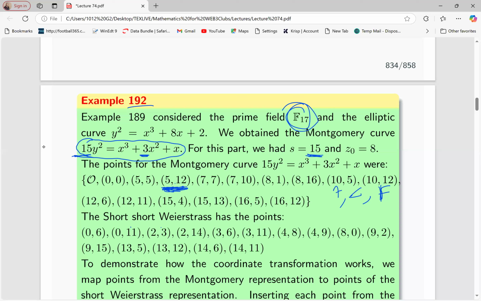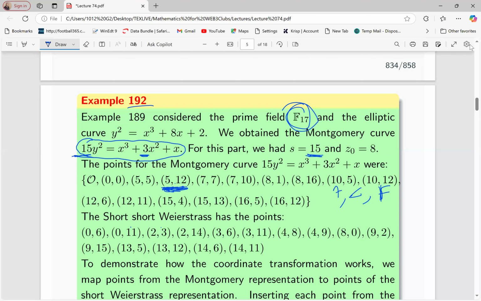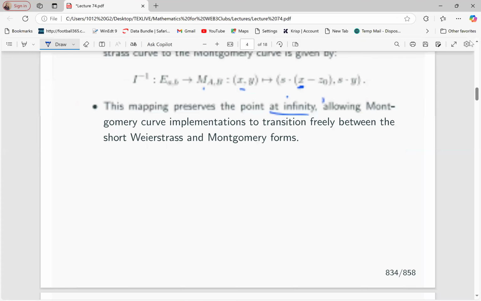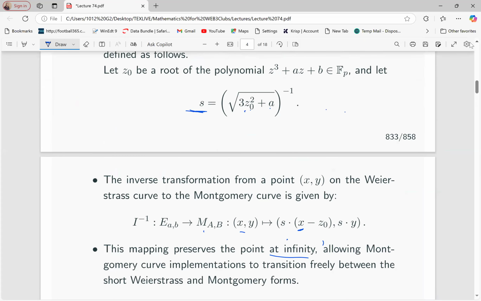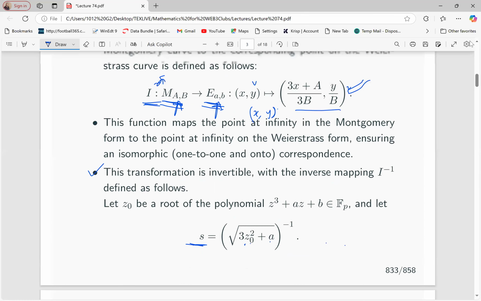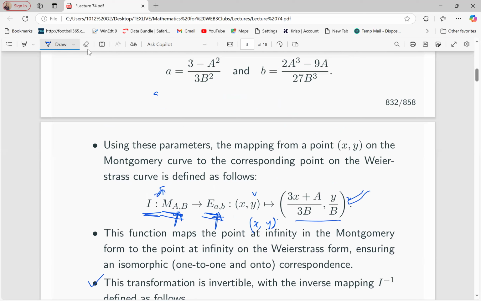Then after that, you give it the formulas. Give it the formula we've just mentioned above. How do you get a point? You give it the formula here, that if you have the Montgomery and you want to convert to short Weierstrass, use this formula. So you're telling your code that if you have this point on Montgomery, its equivalent on the short Weierstrass will be given by this.